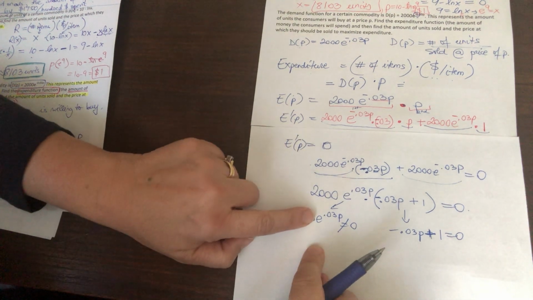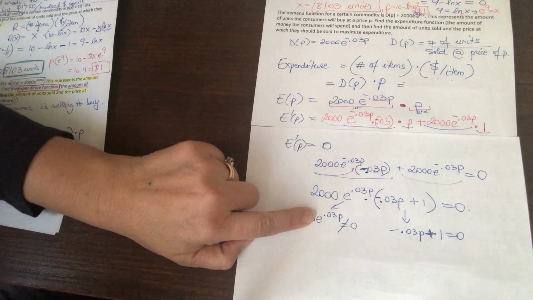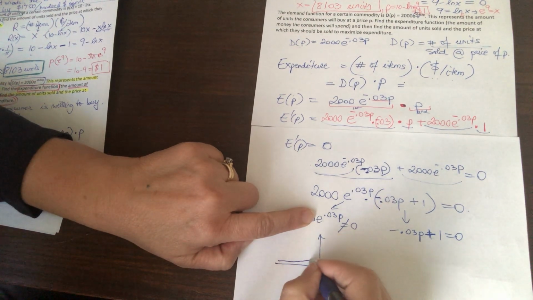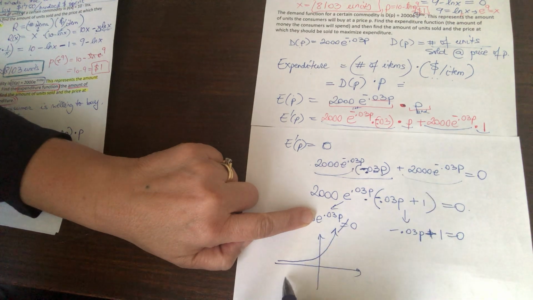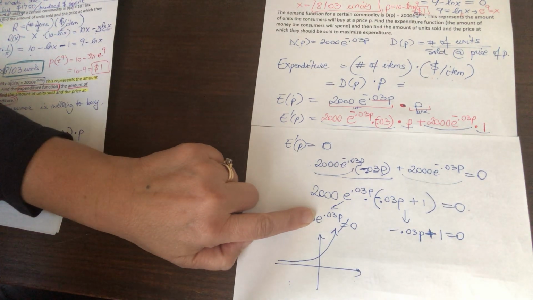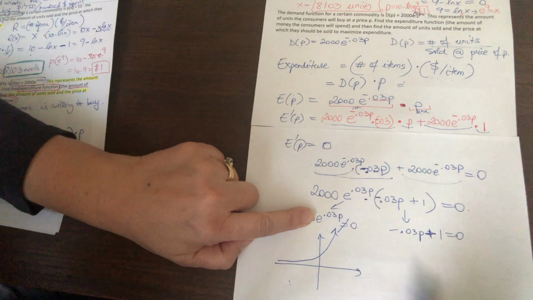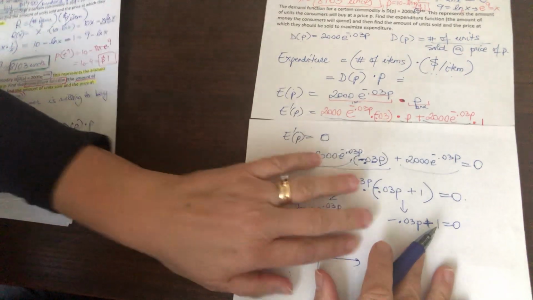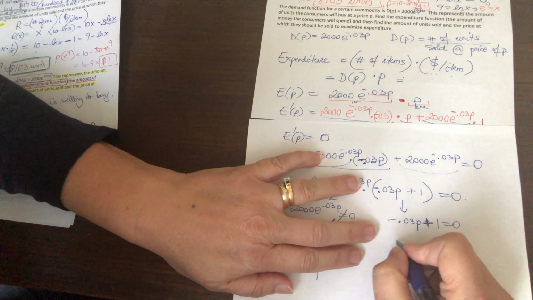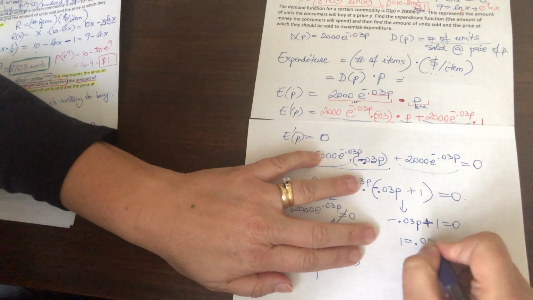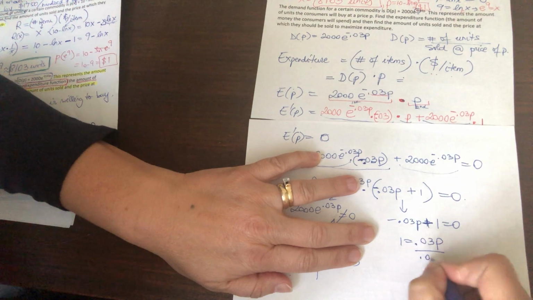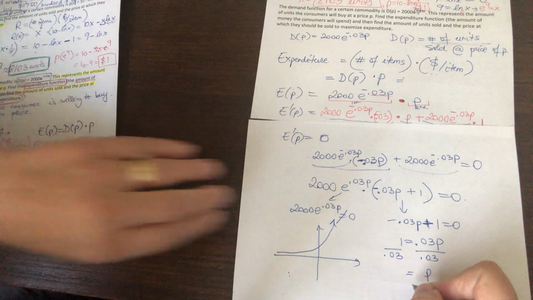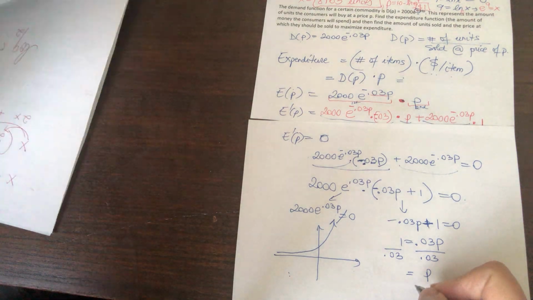Sure enough, you can divide by 2,000, and a value of e will never equal 0 because exponential functions are strictly positive. Yes, they never turn negative and they never turn 0. There's no value in here that would make an e to that power equal to 0. Okay, but what definitely can be 0 is this expression here. So I'm going to move the 0.03 over, divide by it. So finally, I'm coming up with the price to be about 33.3.